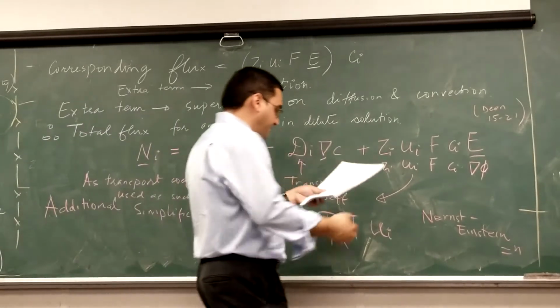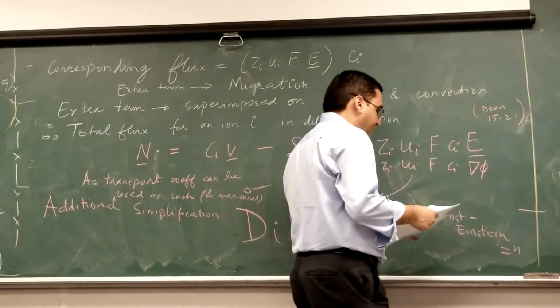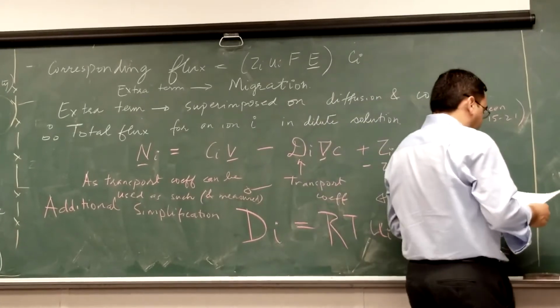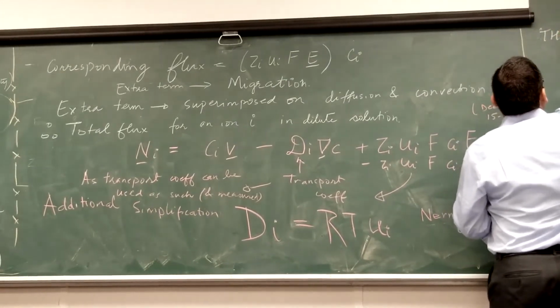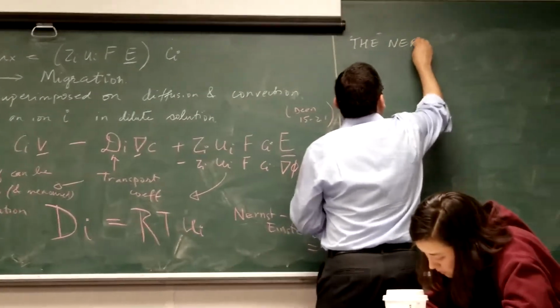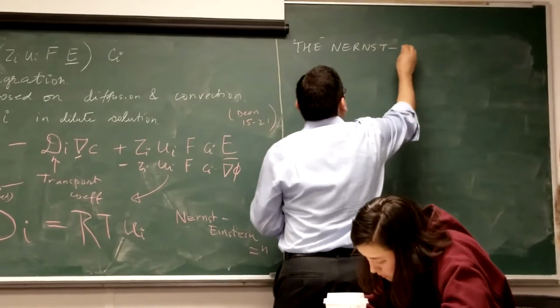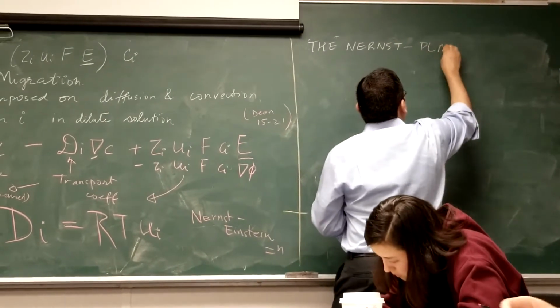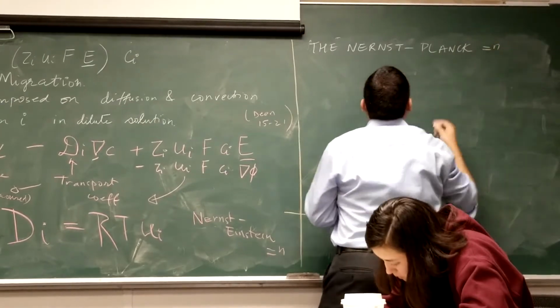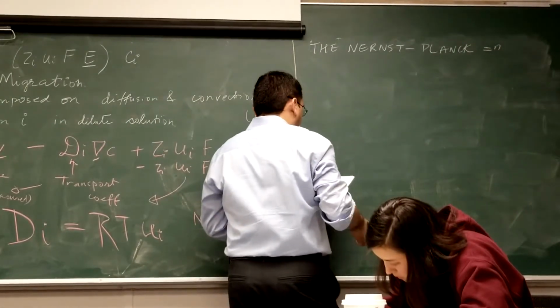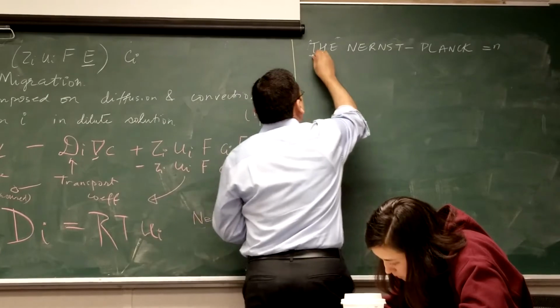And if we retain Di, then we get the final equation where we'll end for today, and that is the Nernst-Planck equation.